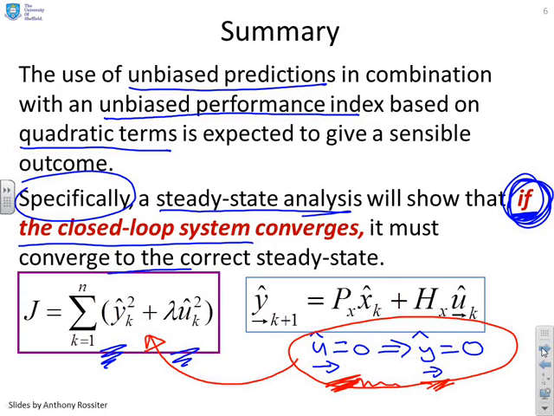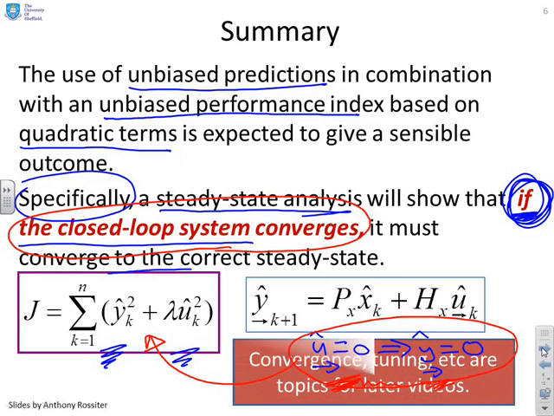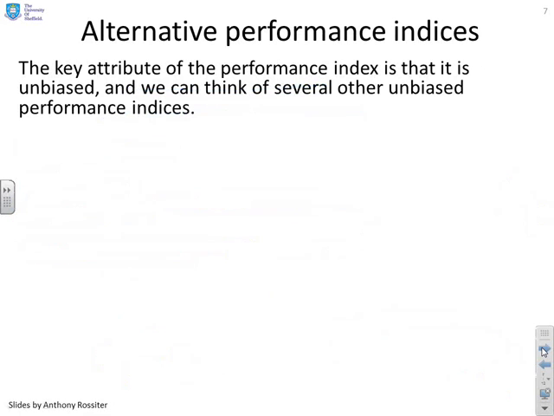So these are consistent, which is where you get the statement here, if the system converges, it must converge to the correct steady state. Now, a bit of a warning here, which we've just put down in this box. Whether you converge or not, and tuning, etc., are topics for later videos.